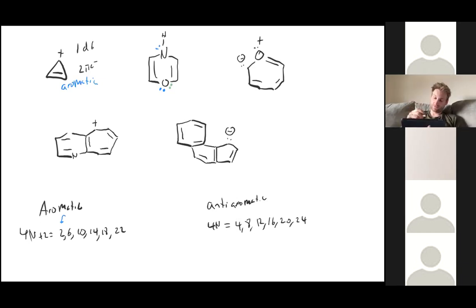It's going to give us a total of 2 double bonds and then 2 sets of lone pairs. So that gives us a total of 8 pi electrons, which falls into our anti-aromatic category.